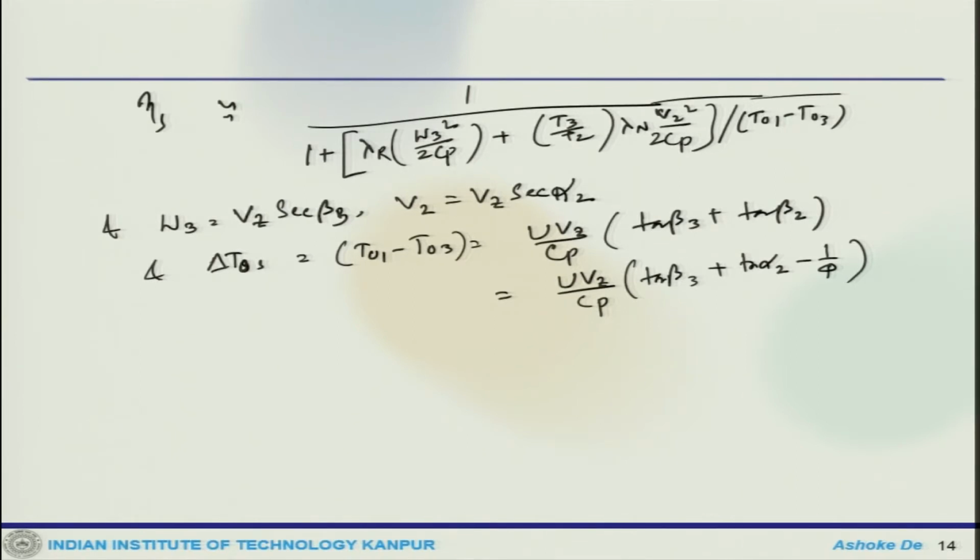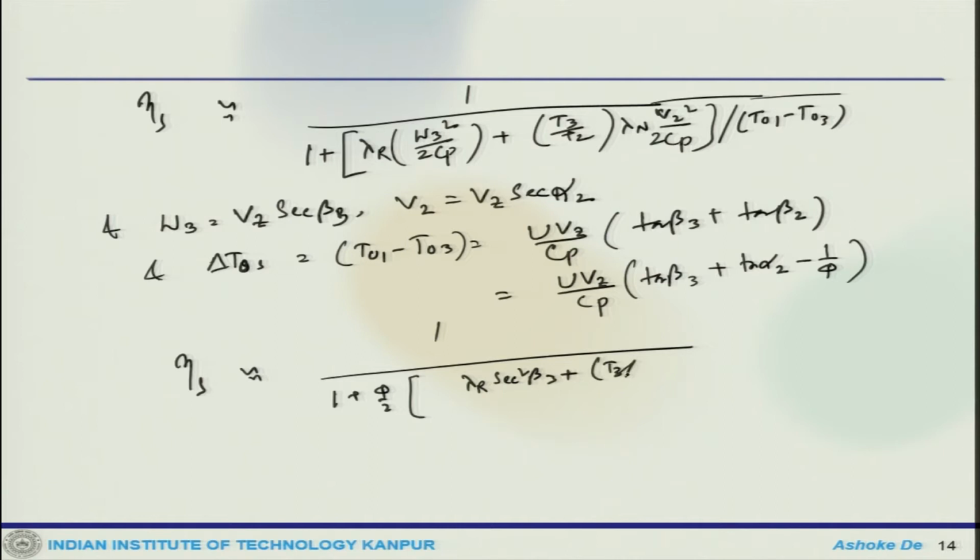So, we can rewrite this expression of eta s, which is going to be 1 plus phi by 2 times lambda r sec square beta 3 plus T 3 by T 2 lambda n sec square alpha 2, divided by tan beta 3 minus 1 by phi.